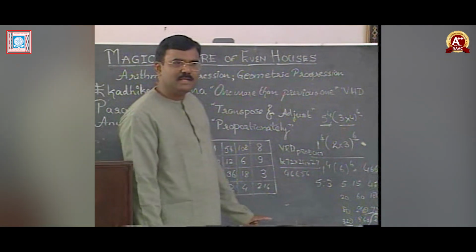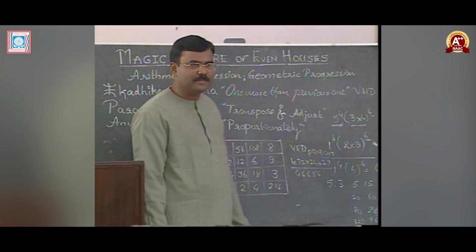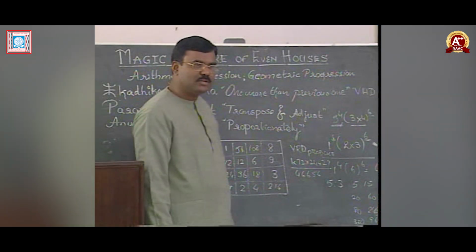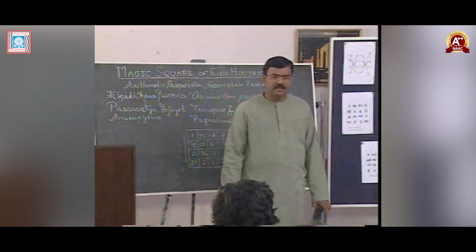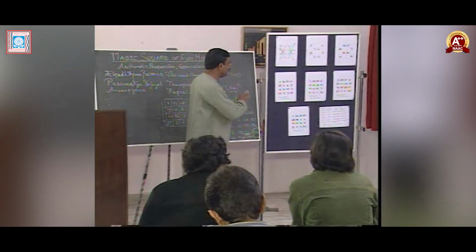Do you understand the arithmetical progression? Yes, sir. What about the geometrical progression? How to feed it to the 4 by 4 houses? Here in the 4 by 4 houses, we made groups of 4 in each corner. If it were 8 by 8 houses, we would take four again.